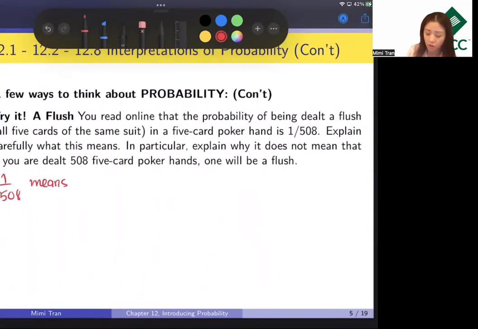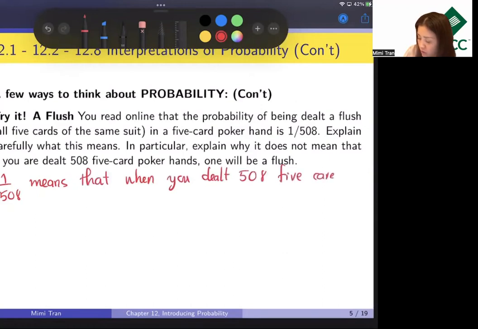So 1 over 508 means that when you are dealt 508 5-card poker hands, it's likely that one will be a flush.